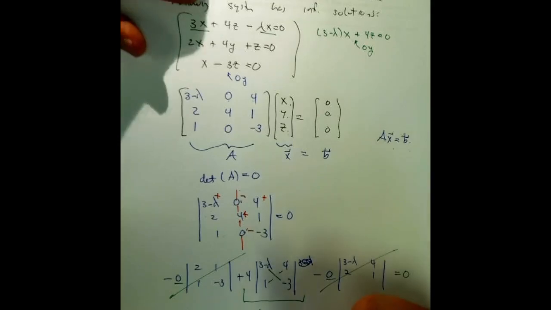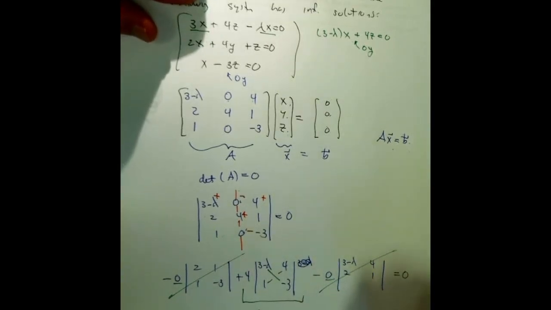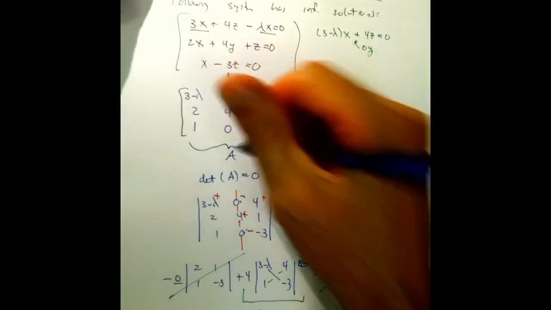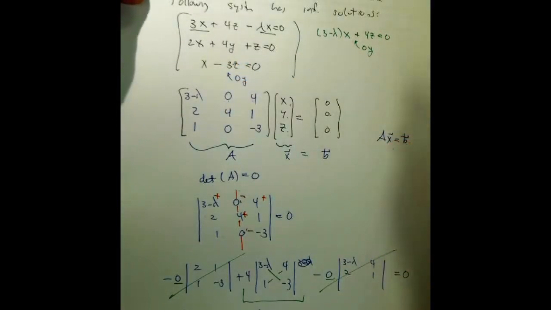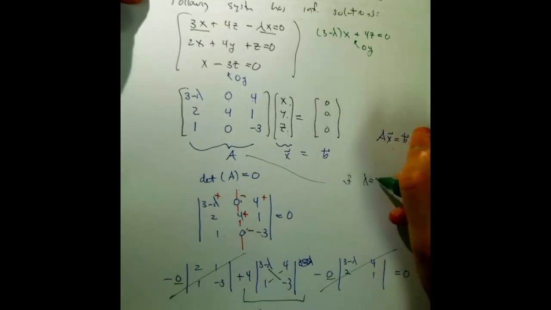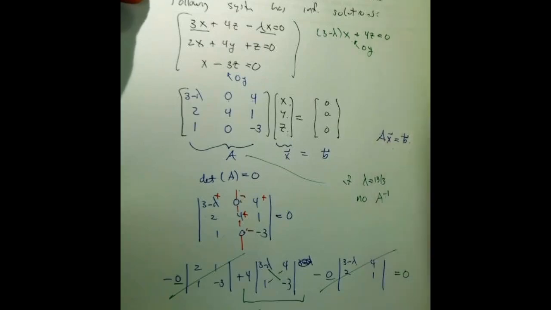Okay, so if lambda equals 13 thirds, there's going to be infinite solutions. And no inverse to this matrix exists. Right, so here, if lambda equals 13 over 3, there's no inverse.